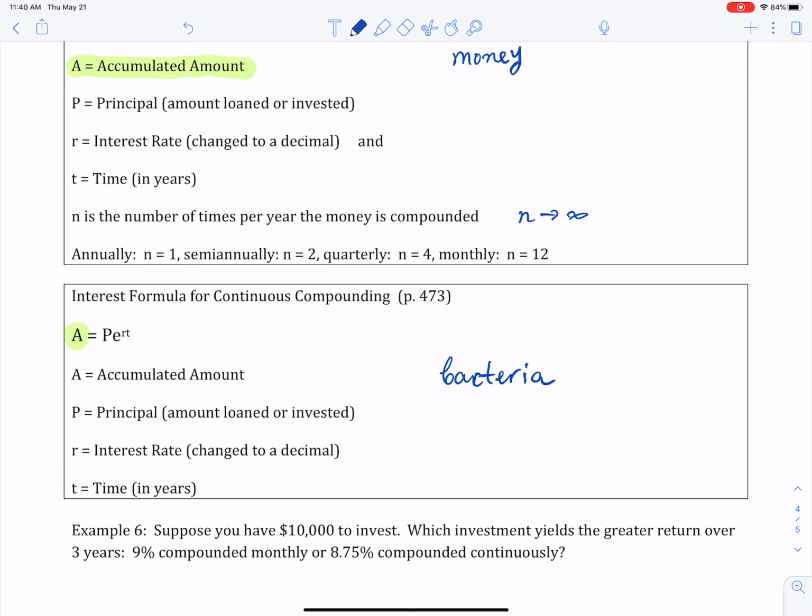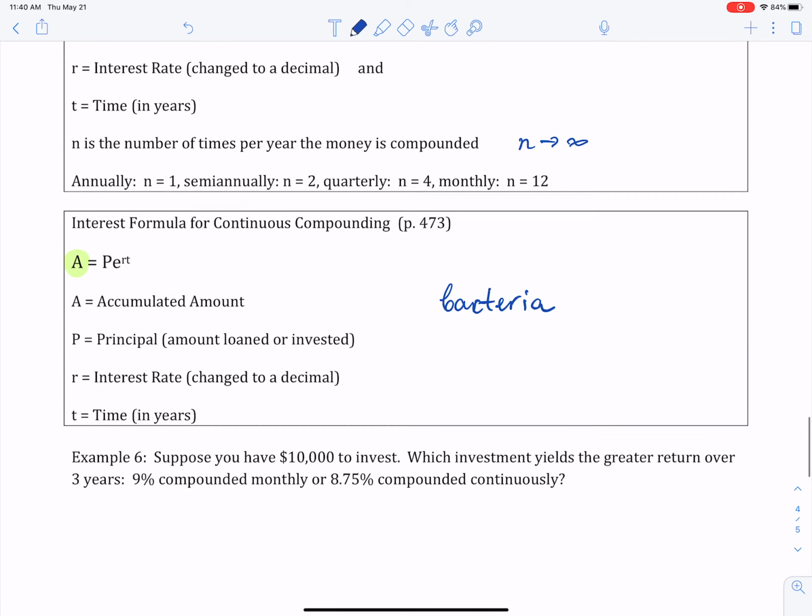Of course, since that's educational material, we are going to solve questions like calculate interest that's compounded continuously, but that's not usually the case.